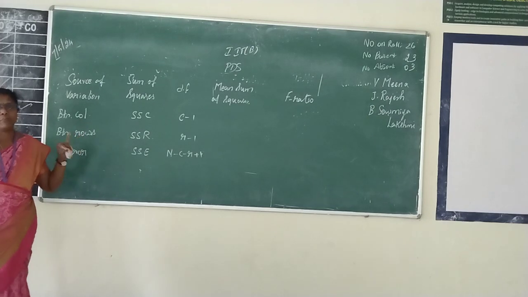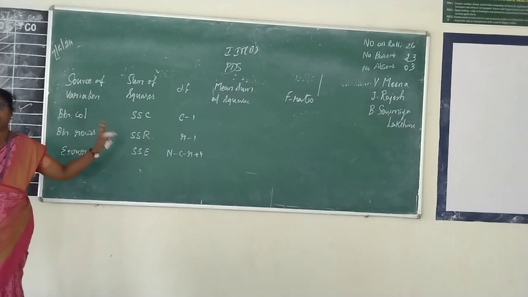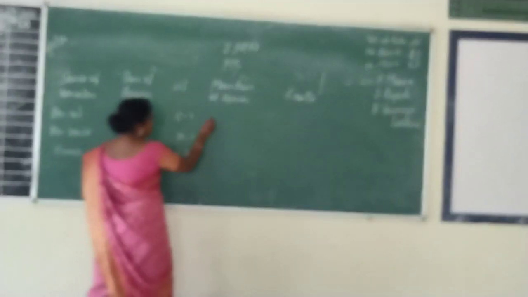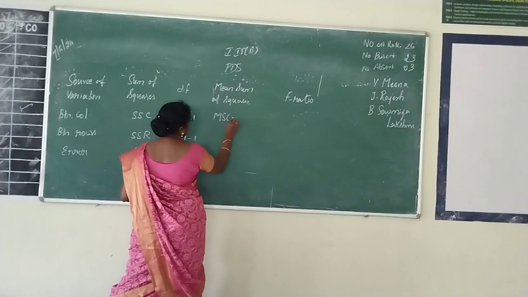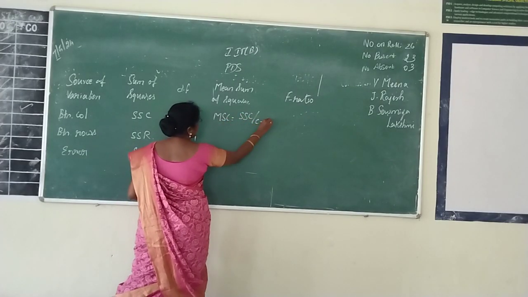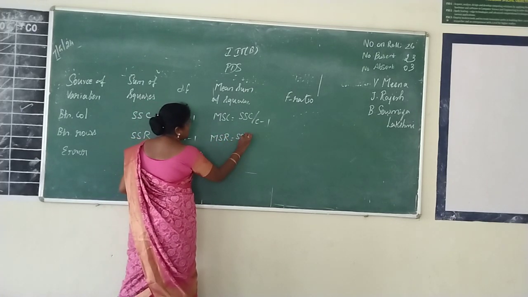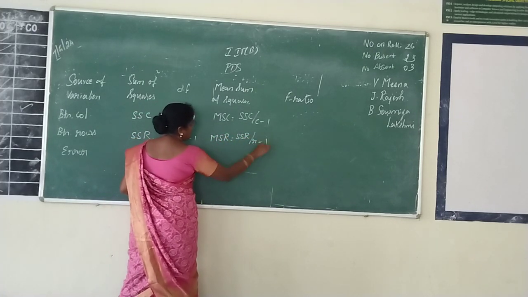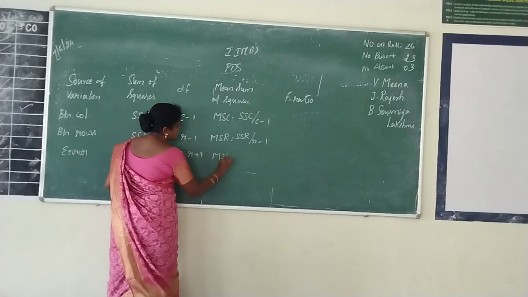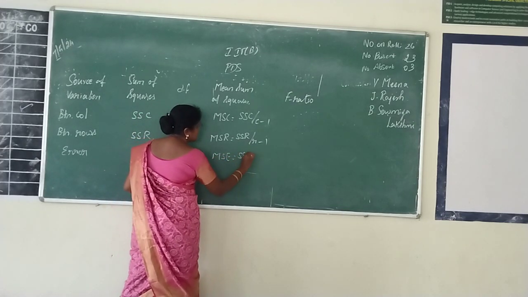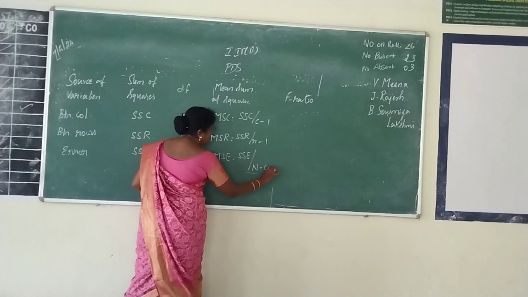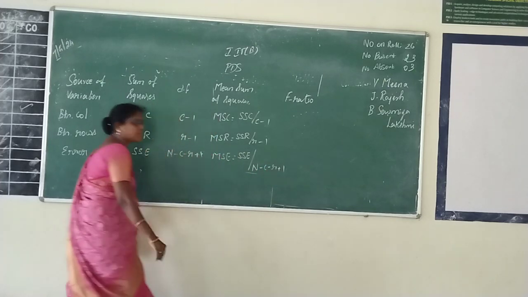Now we have to calculate the mean sum of squares, same procedure: sum of squares divided by the degrees of freedom. So MSC equals SSC divided by C minus 1. MSR equals SSR divided by R minus 1. MSE equals SSE divided by N minus C minus R plus 1.